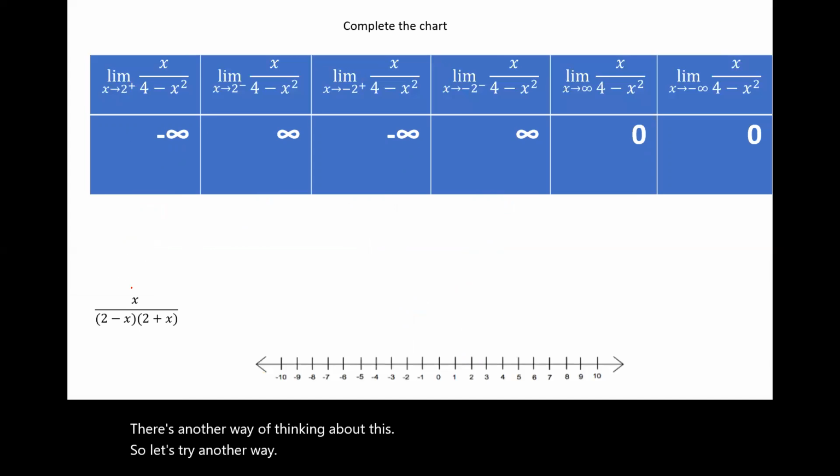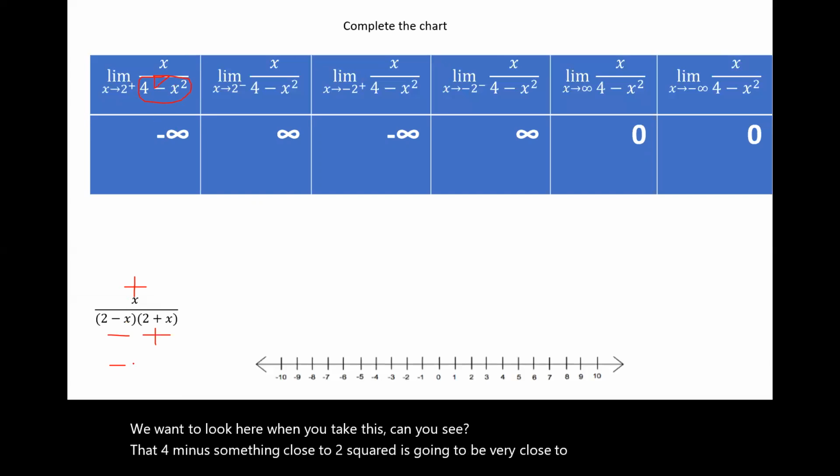2 plus. All we care about is positive or negative. 2 minus bigger than 2? 2 plus 2. So we know our answer is negative something. We want to look here. When you take this, can you see that 4 minus something close to 2 squared is going to be very close to 0?